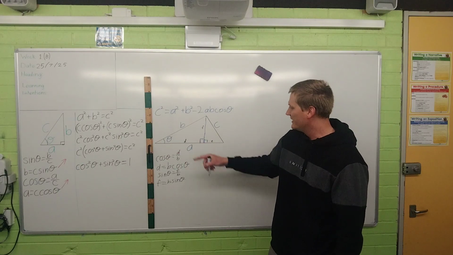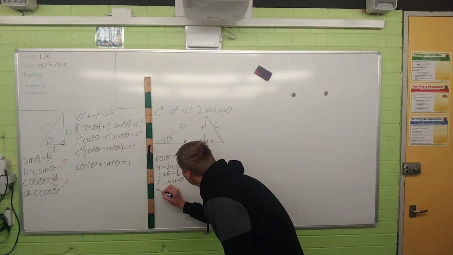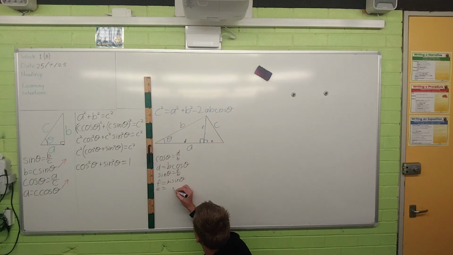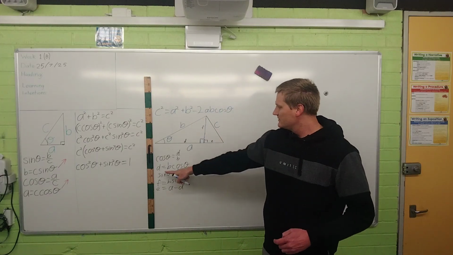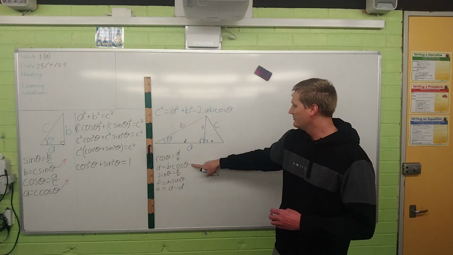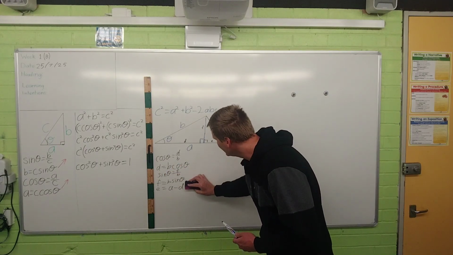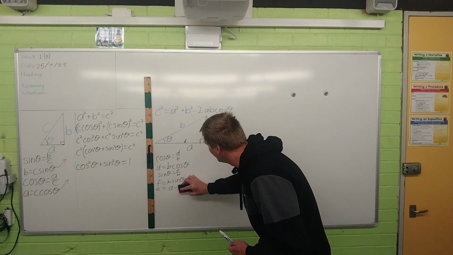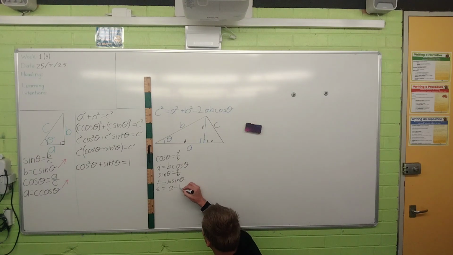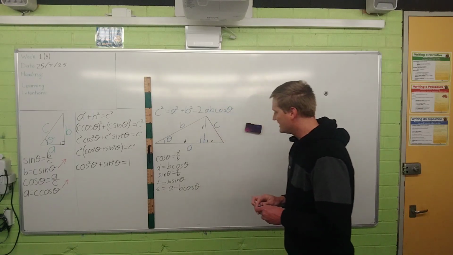A minus D. But we already know what D is because we solved for D here. D is B cos theta, so A minus B cos theta.